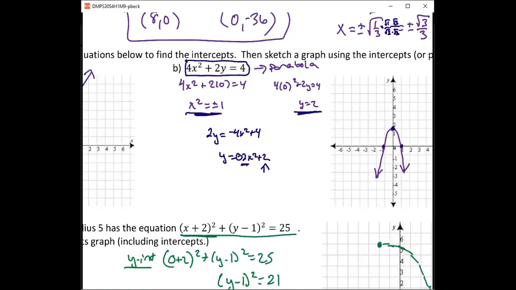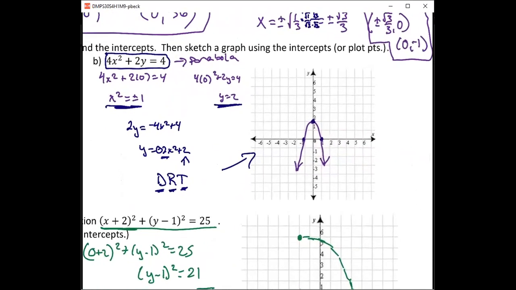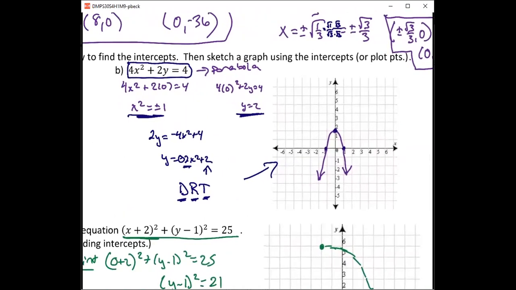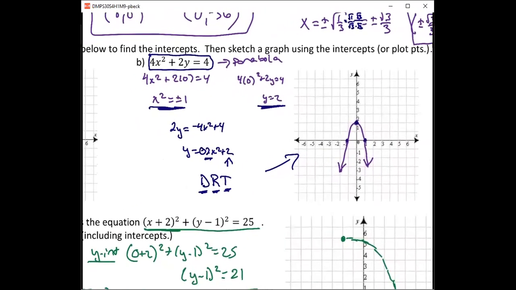So remember, the order of operations for translating is we do our dilation of 2, reflected over the x-axis, then translate it up 2. And that's how we get to that graph. In the end, most students seem to be okay with this, but if you have a question of how to think through that more efficiently, I can talk to you later.